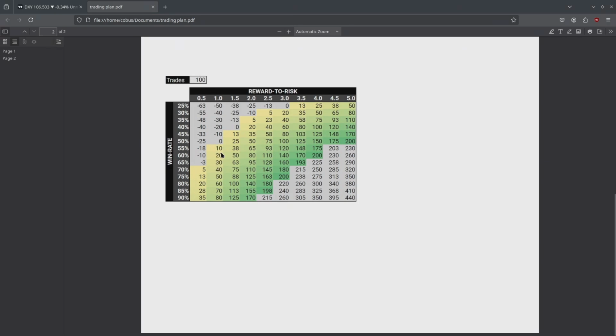If you can do a 1-to-1 consistently, you can start going for 1-to-1.5. Look at the compounding effect here. If you can do 1-to-1.5 over the course of 100 trades, you are 55% profitable, that gives you 38% of the account.